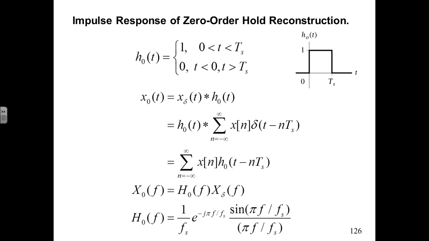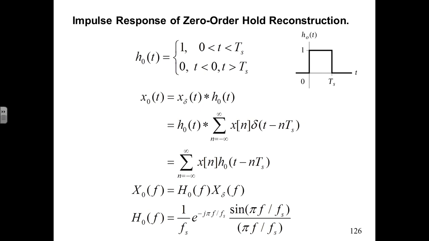In order to see the result of processing those digital samples through a filter with a zero order hold style response, we would convolve that response, that h0, with our impulse sampled digital signal, as shown here. And again, we'll get the convolution of our sample values with these rectangle functions.